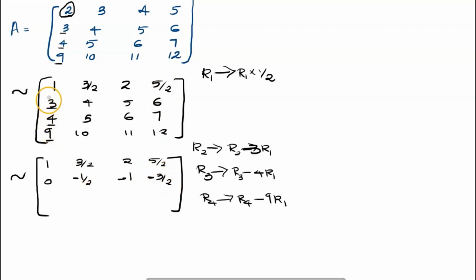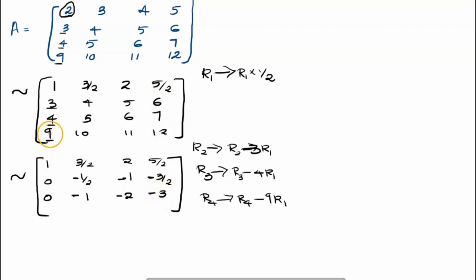Now 4 minus 4 R1, 0. 5 minus 4 into 3 by 2 is 12 by 2, 6. That is minus 1. 6 minus 4 into 2, 8. That is minus 2. 7 minus 4 into 5 by 2, that is 10. 7 minus 10 is minus 3.